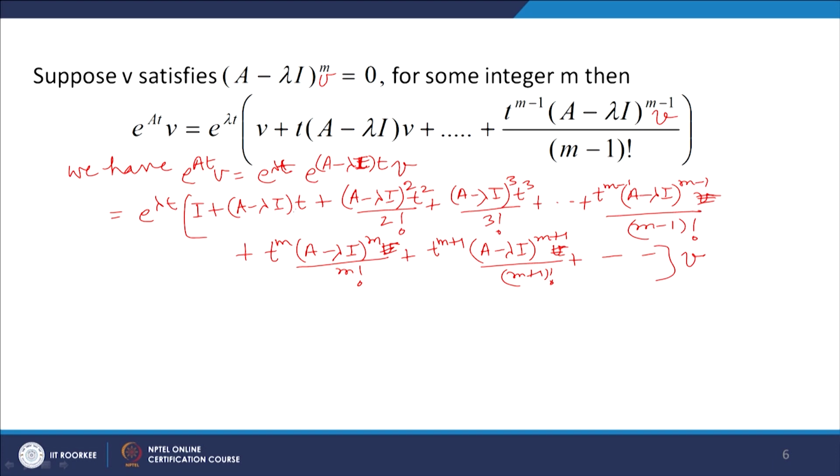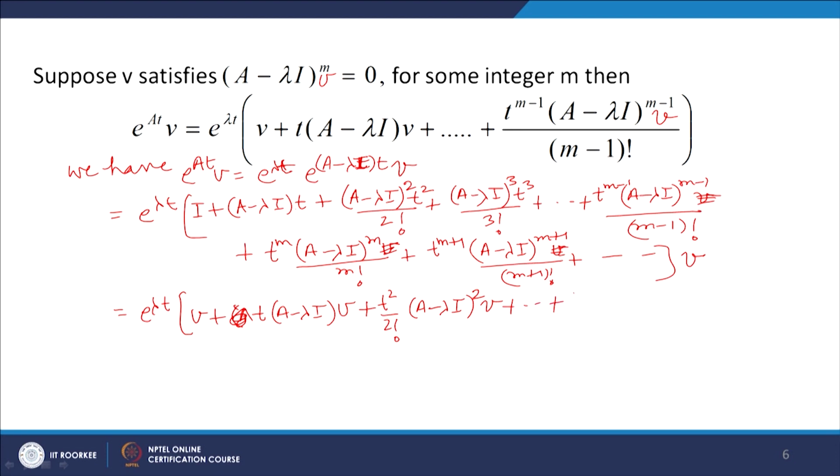So, then what happens is when this series operates on b, you get e to the power lambda t times b plus t times (A minus lambda I) b plus t square by 2 factorial (A minus lambda I) whole square b and so on.